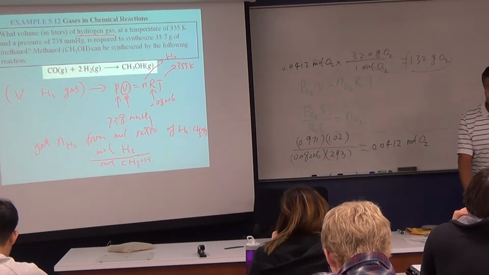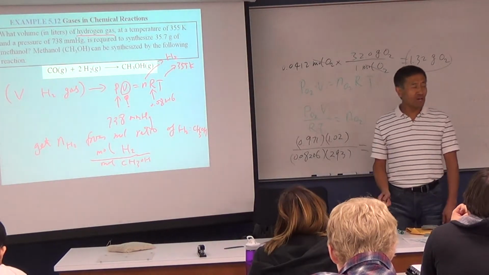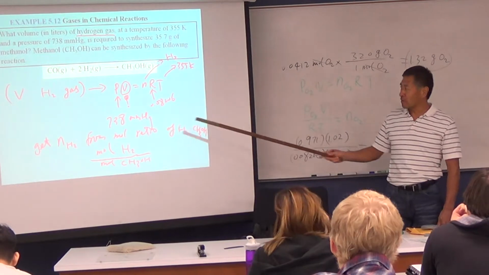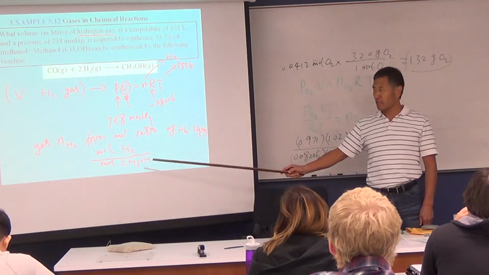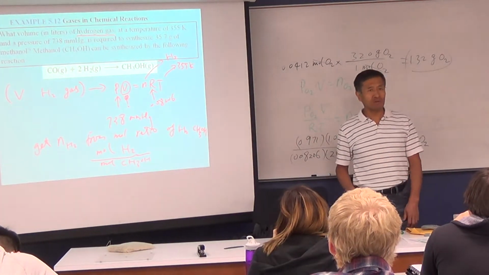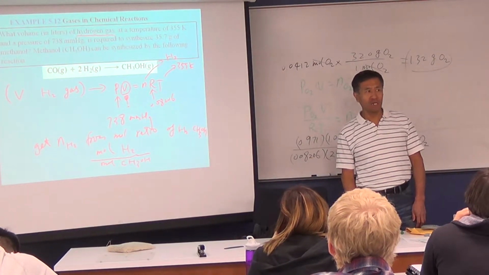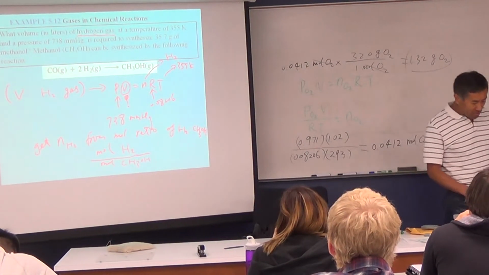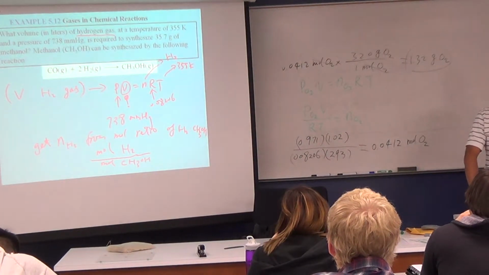I think we are going to use this one, right? So we want to get the mole ratio. That means you can write out the mole of something with mole of something else, right? We can call this A, that is B, but if you have the real substance, just use the name, whatever you have, right? So what number do we use for the mole of H2 and the mole of methanol?